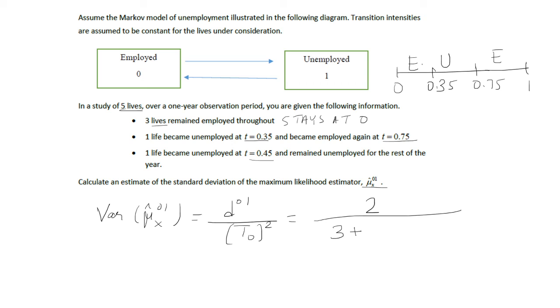Okay, so it was employed from 0 to 0.35, so the difference there is 0.35, and it became employed again from 0.75 to 1, so that's 0.25. So the total exposure for the second life is 0.6.